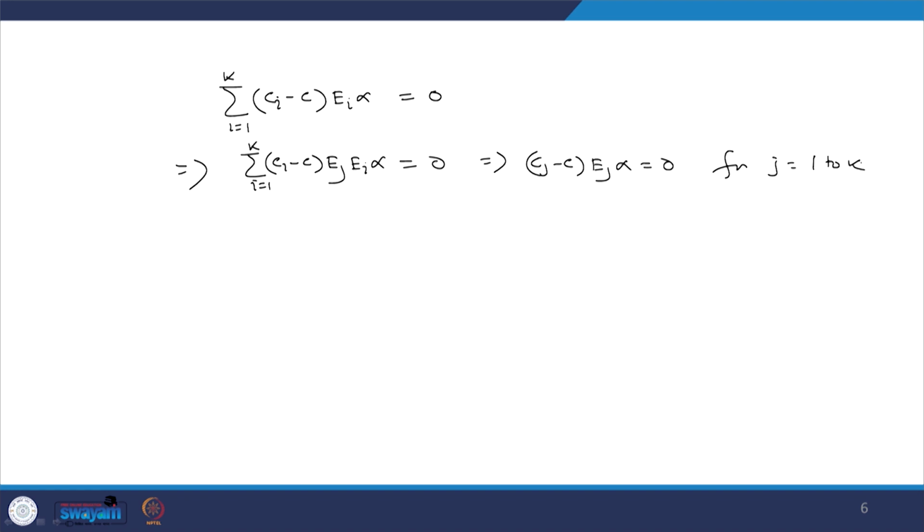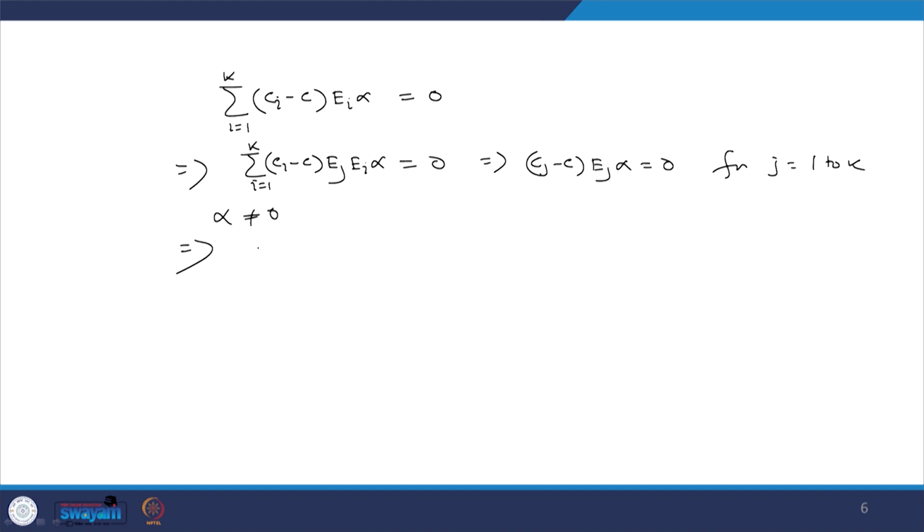If I multiply for j equal to 1 to k, then I will also have this type of relation, that (Cj minus C) into Ej operating on alpha equal to 0. Alpha not equal to 0.